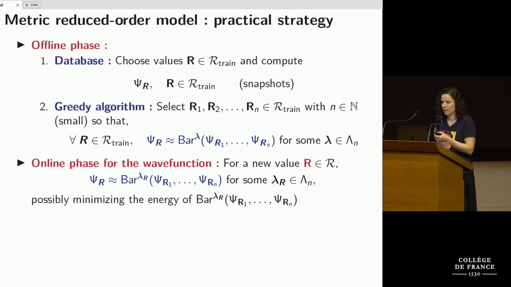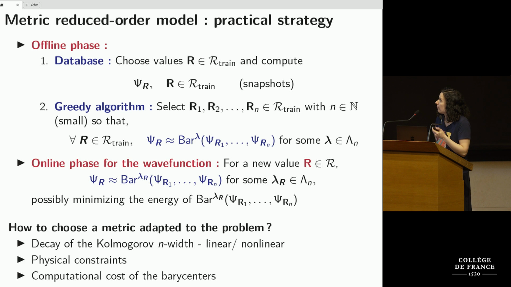Now, if we think about a strategy to put that in practice, we do a greedy algorithm in the same way as before, except that instead of linear combinations, we consider these barycenters. In the online phase, for the wave function, since we have a minimization problem to solve in the case of the Schrödinger equation, we just minimize the energy over a set of barycenters generated by the selected snapshots.